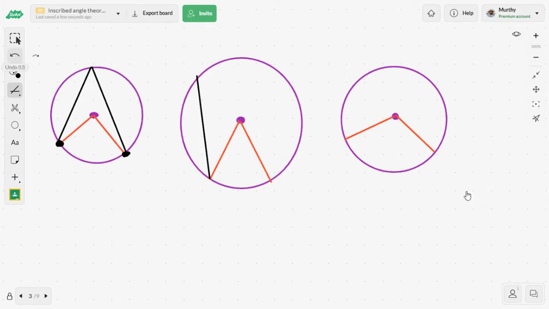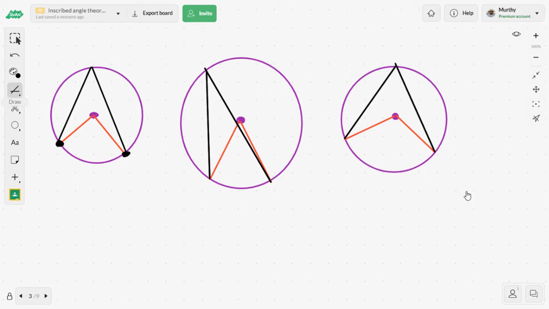For experimental purposes, you can draw this way and check. Next, maybe this way and this way.